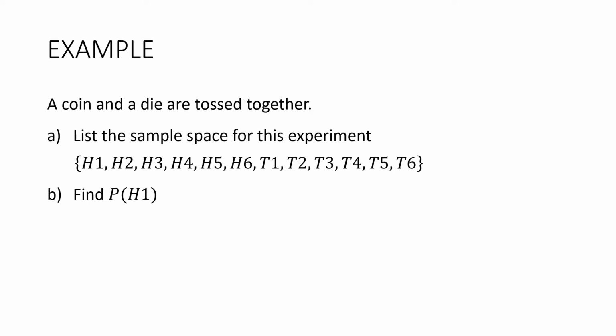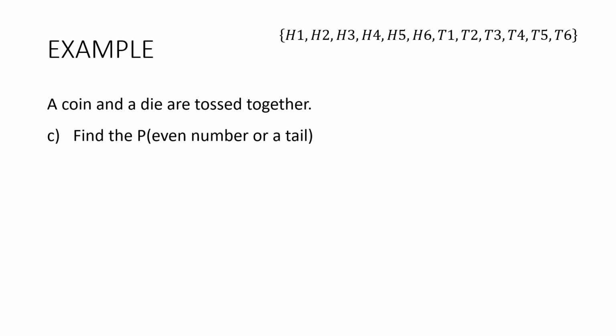Now let's find the probability that we toss heads and a 1. So how many ways can that happen? Only one out of a total of 12. So the probability is 1/12. Find the probability that we get an even number or a tail. So we could have this one, this one, this one, or any of those.